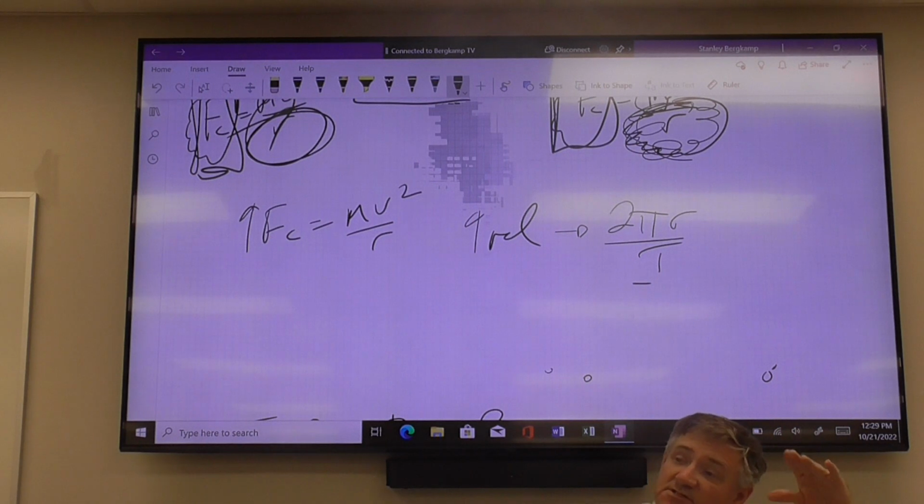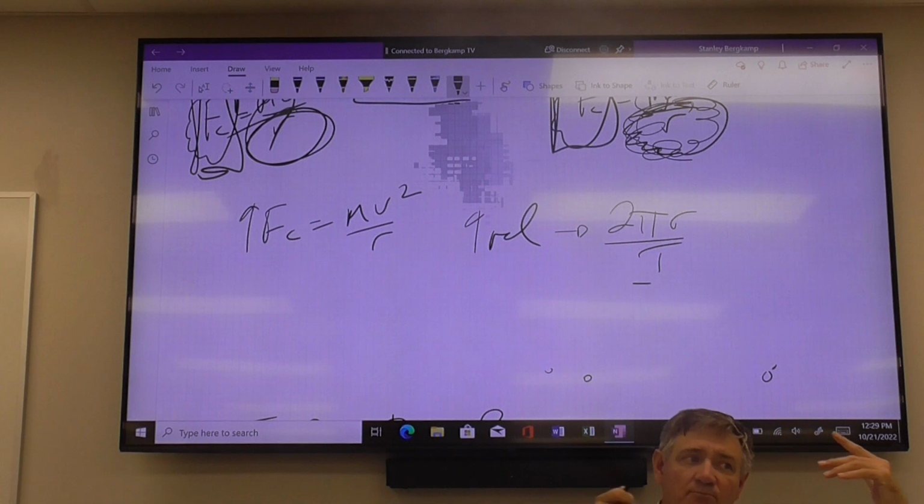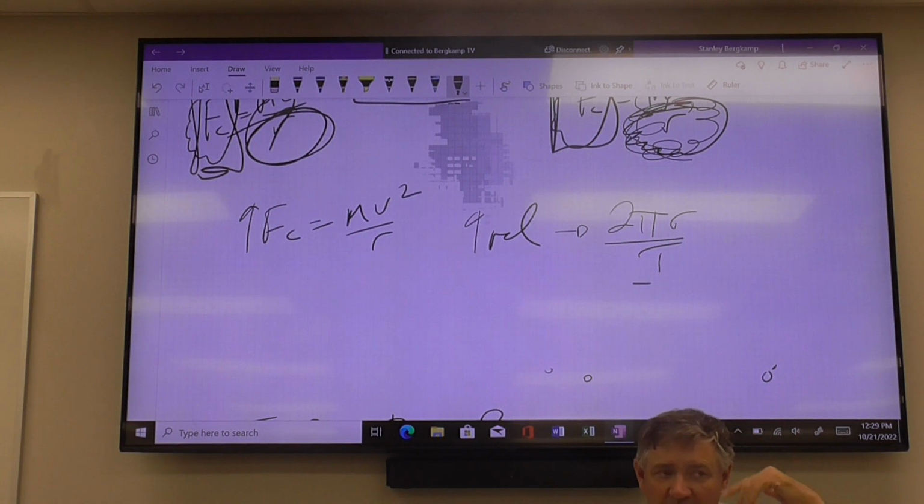So what you should see as a trend on trials 1 through 4 is the time for 10 revolutions becoming smaller and smaller, because you have to swing faster and faster to create more and more centripetal force. If you think that through in terms of your data, that might help you to see that trend.